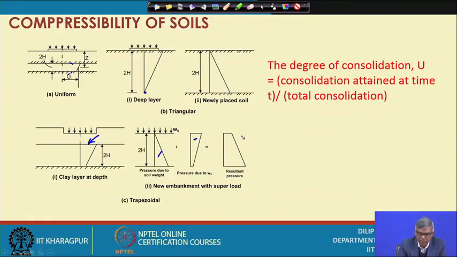So, these two together will have a reverse trapezoidal. For the normal condition, the trapezoidal will be more here, less here, and for the newly deposited embankment it will also be trapezoidal, but lesser intensity at the surface and more pore pressure at depth. So, before going to develop the rate of consolidation, we need to know how pore pressure develops at different depths. This is the visualization of how pore pressure distribution will be over the depth for different conditions.